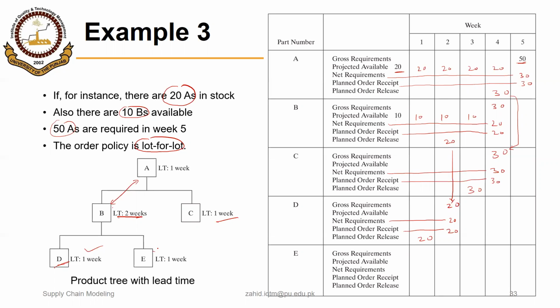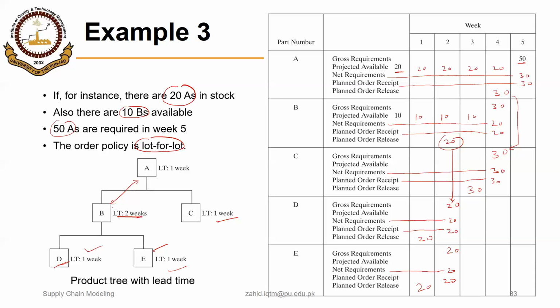E is also a component of B. So the same 20 will be the gross requirement in week 2, no scheduled receipts. So net requirements will be 20. Planned order receipt of 20. Lead time is 1 week. So planned order release of 20 at the beginning of week 1. So that is the concept of offsetting.